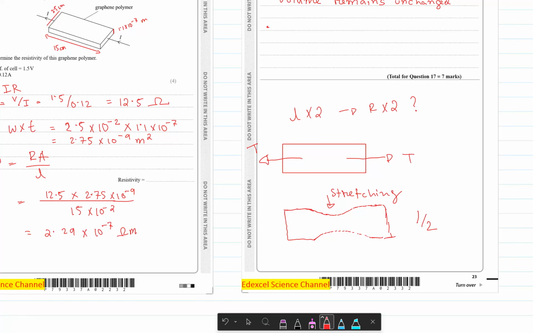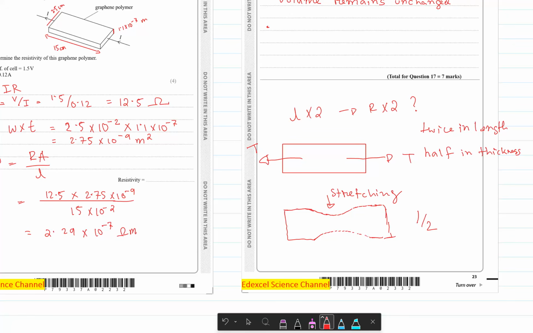Let me put it in different words so that you understand it better. If your polymer is twice in length, then it will be half in thickness, right?